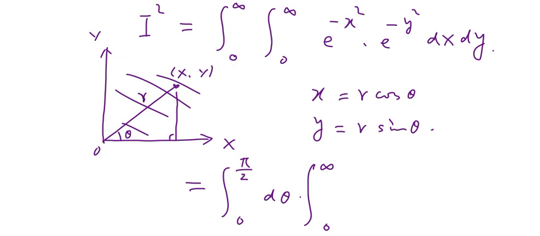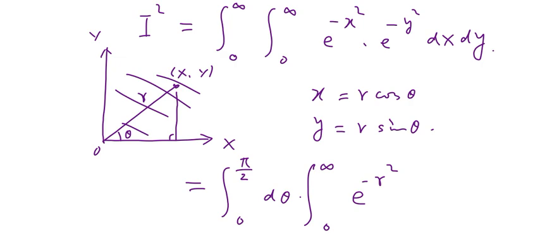Okay, so we just replace x and y by r and theta. So this equals e to the negative x squared plus y squared, which is e to the negative r squared.